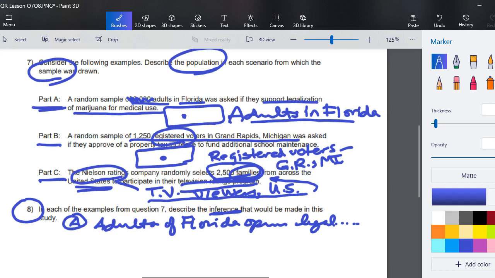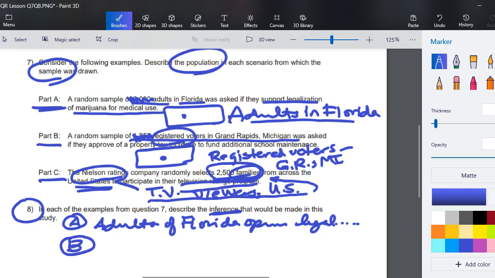So a statement you can make is the percentage of adult Floridians who support medical marijuana legalization. Part B, we're not discussing these 1,250 registered voters. That was our sample. We now want to infer something about the percentages of what we just found out.